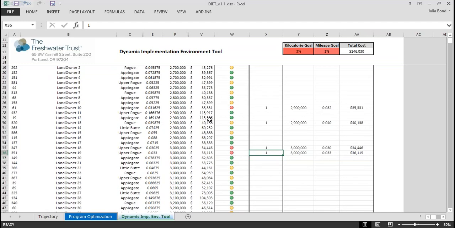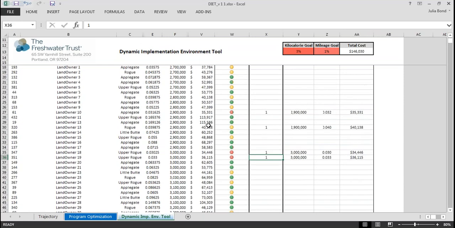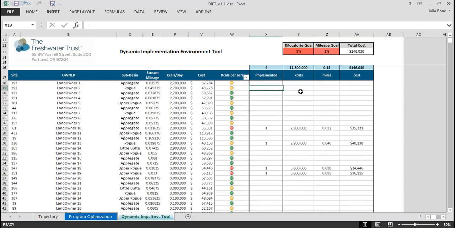We have estimated the different costs as well as the uplift coming from those different sites, and basically this type of back end is a multivariable optimization tool that is not only going for the kilocalorie goal so that we achieve the temperature reductions that we need, but we're also trying to stretch the mileage as much as we can, and then we've also tinkered with and are using some prioritization of getting close to fish habitat, active spawning ground, and also closing some of the riparian canopy where we can.